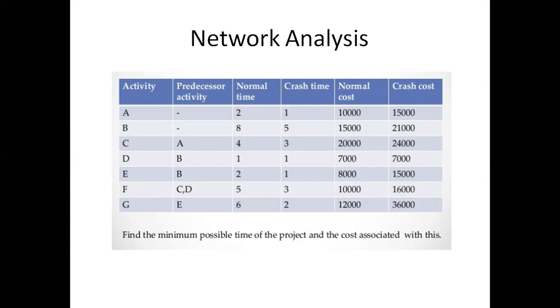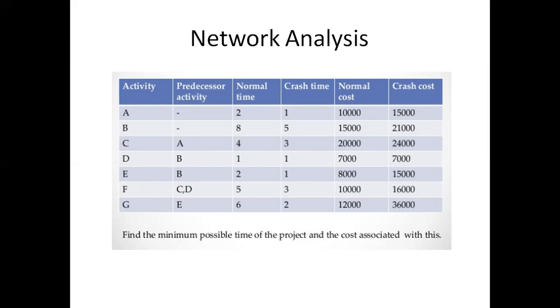Now we take a normal network diagram. Say the activities are A, B, C, D, E, F, G, and we have the predecessor activities. Activity A is the starting activity, and activity G is the final activity.